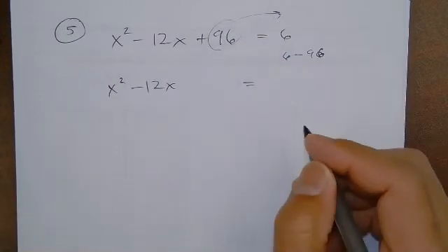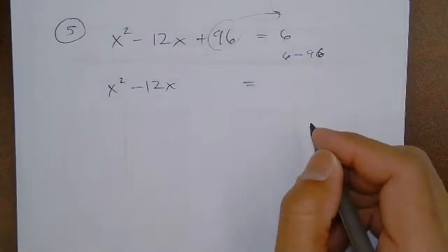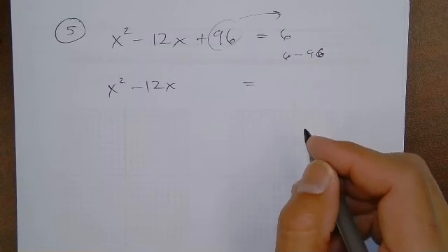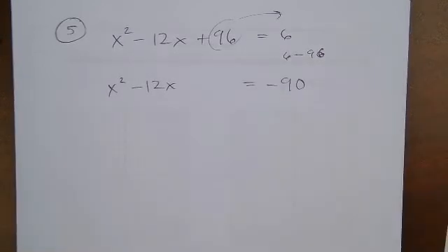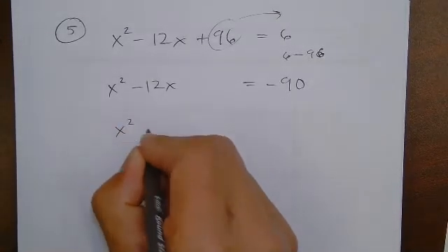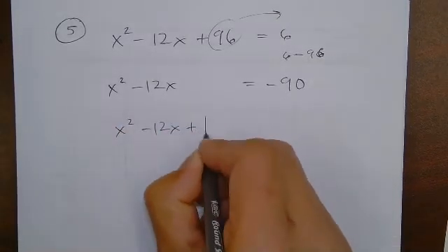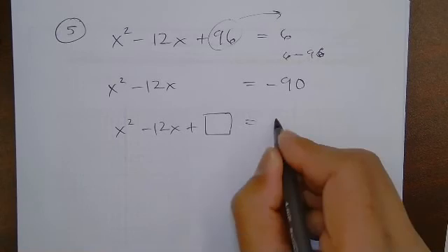Well, that's going to be x squared minus 12x equals, isn't that going to be 6? And then take away the 96 because this goes to that side. That's going to be negative 90. Is that right? Yeah, negative 90.